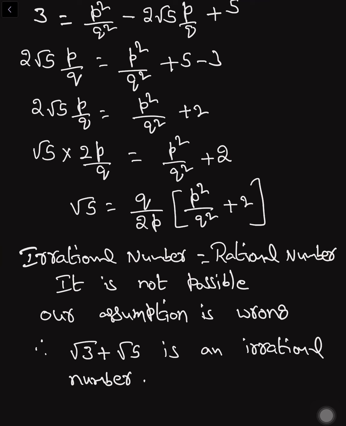So it is very simple, students, to prove the given number is an irrational number. I am recapitulating once again. In the first step, you assume that the given number is a rational number. In the second step, you find p comma q co-primes or integers so that q is not equal to 0.